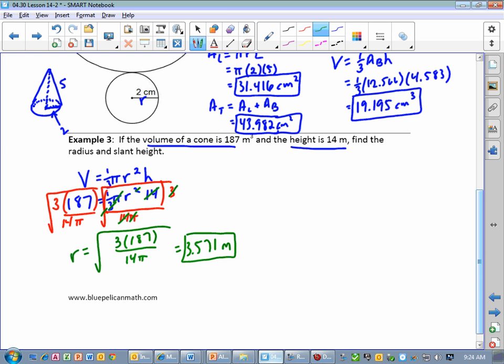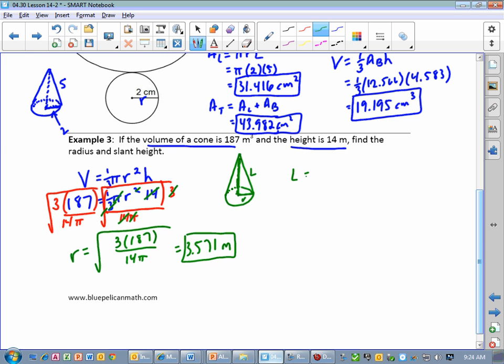All right. And as for the slant height, again, many times it's helpful to just draw the cone, kind of wrap your head around what we know and what we need to find. Okay, so we now know the radius, and we know the height. So the slant height is the hypotenuse of that right triangle.